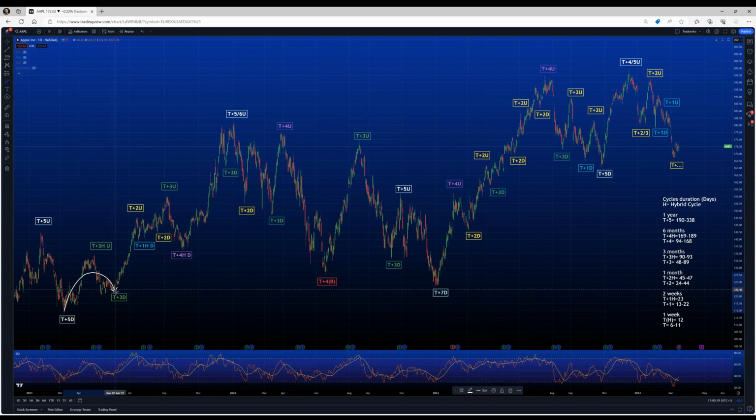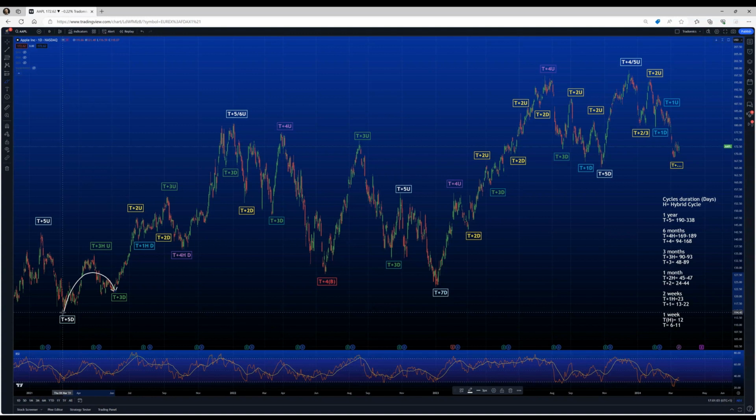In order to have a 3-month cycle here, we also need, from a graphical perspective, a certain amount of bars that are higher compared to the lower price from which it started. And how many bars do we need?